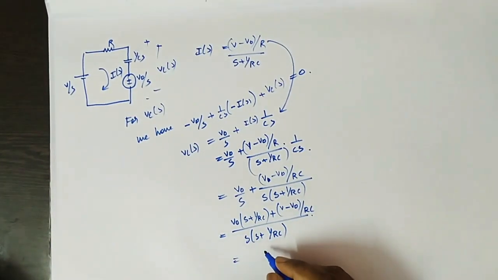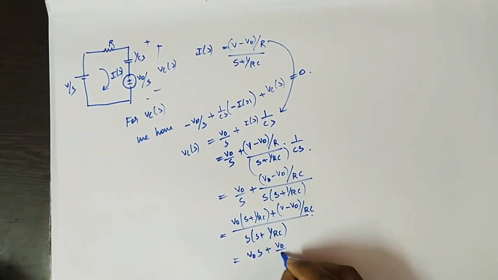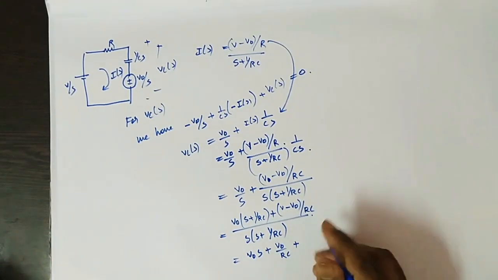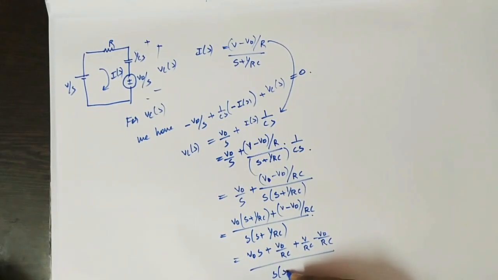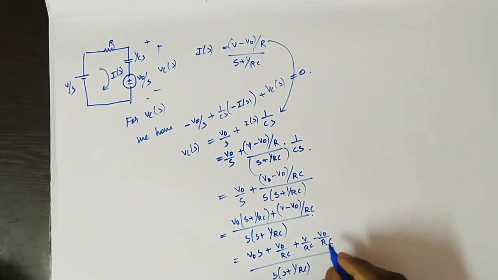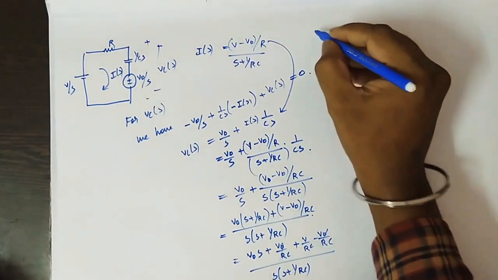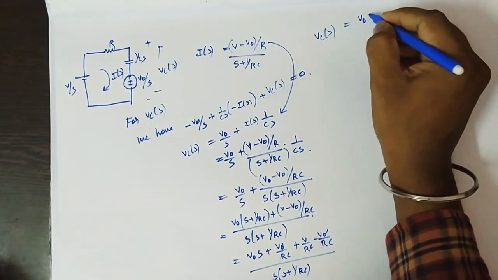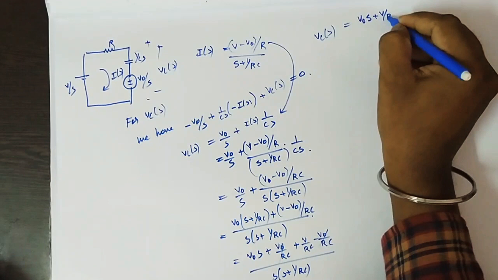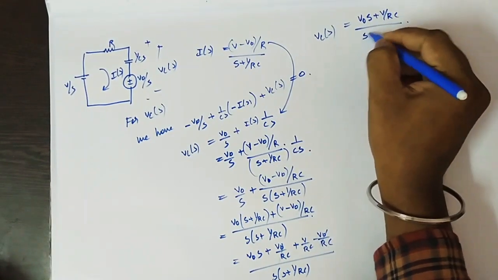You calculate this: V naught S plus V naught by RC, and you separate this V by RC minus V naught by RC, over S into S plus 1 by RC, to cancel this. So for Vc of S this expression you got is V naught S plus V by RC over S into S plus 1 by RC.